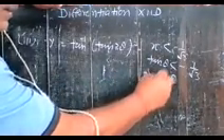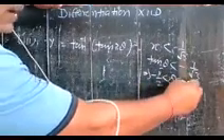At what angle will it be greater? The value of tan theta is greater than minus infinity. You can write that theta is less than minus pi by 6 and greater than minus pi by 2. So theta is greater than minus pi by 2 and less than minus pi by 6.